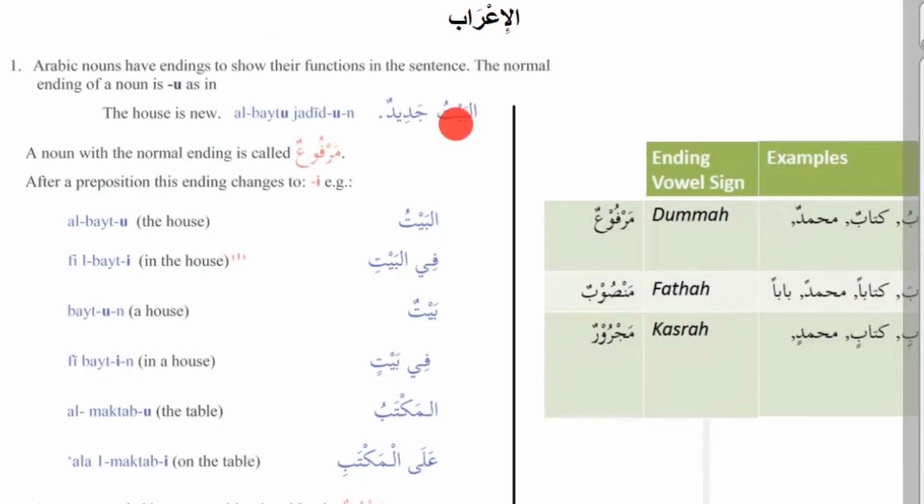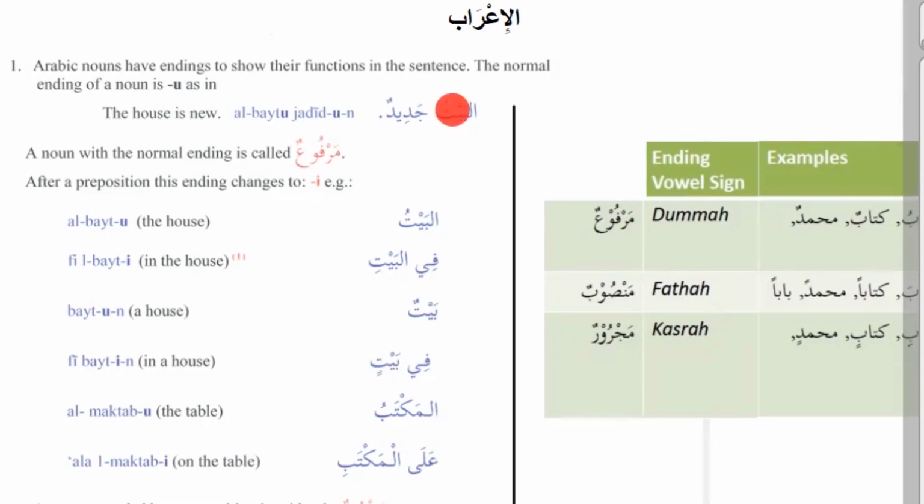As we said, dhamma is the default form. So if a noun has fatha or kesra, it is as a result of a certain condition. That is not its default form. A particular condition has changed it grammatically. This change is what we mean by i'rab.